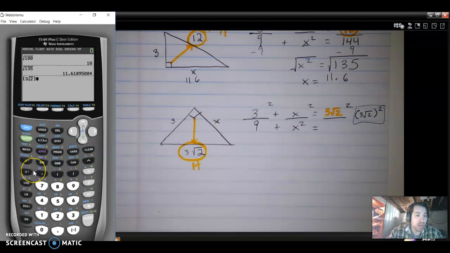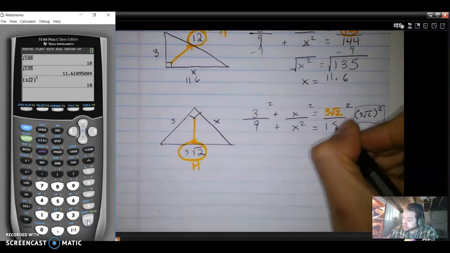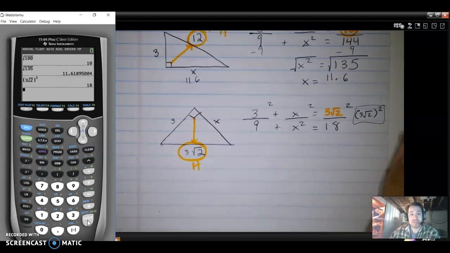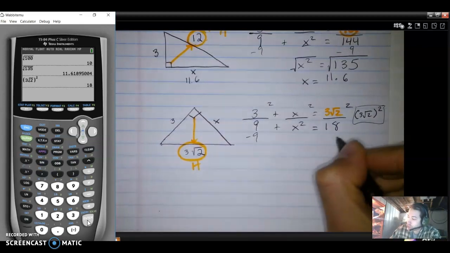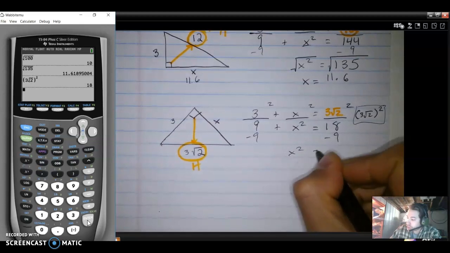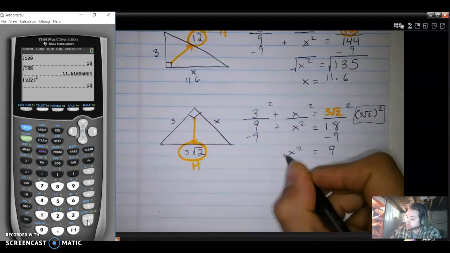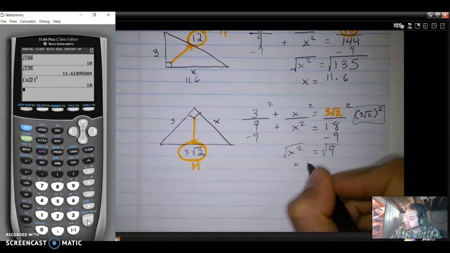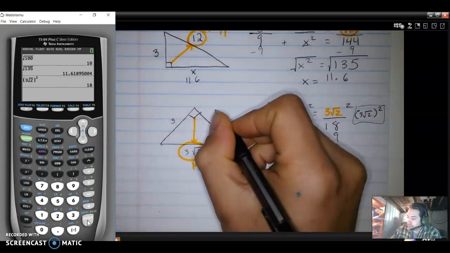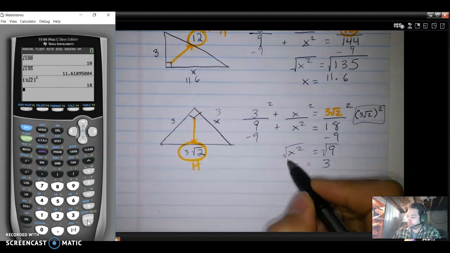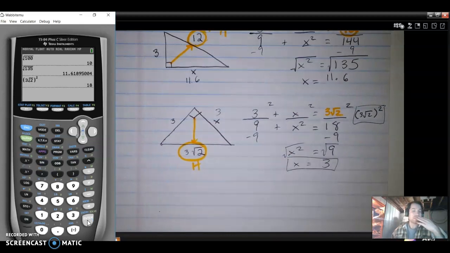And then I'm going to square it. The way you square it is I tend to use the little caret right here. Notice it takes me up into the exponent. And then hit 2. That is 18. Subtract 9, we get x squared is equal to 9. We take the square root, and x is equal to 3. Boom. Nice looking whole number here.